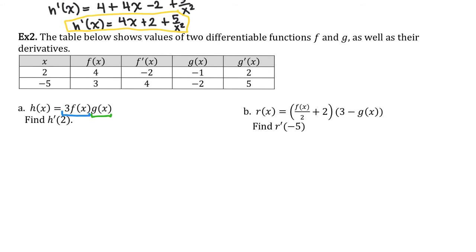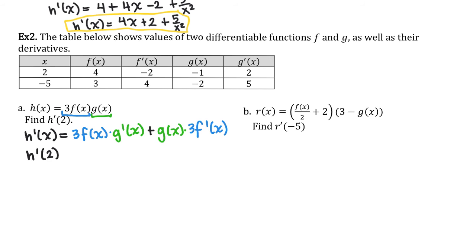The product rule: I'm going to do the first thing times the derivative of the second thing, plus the second thing times the derivative of the first thing. Fair? Now they want me to evaluate h prime of 2.